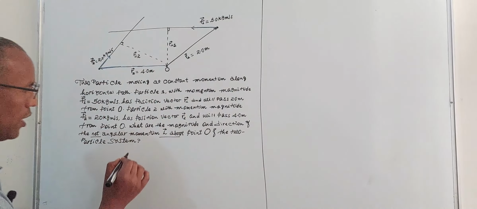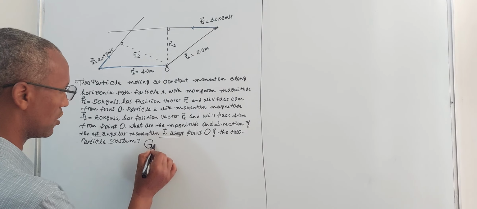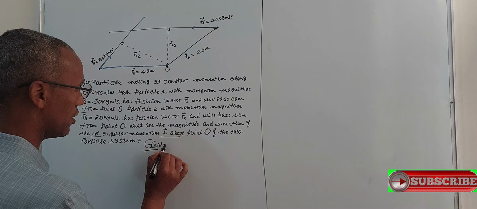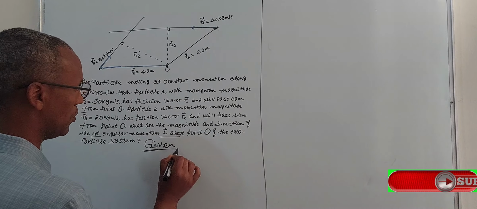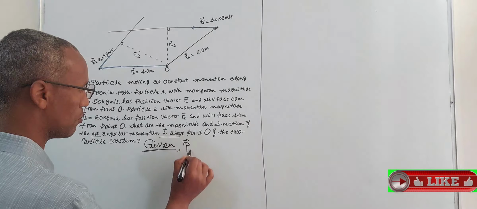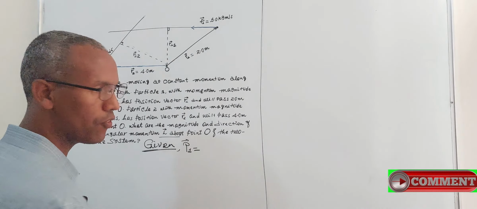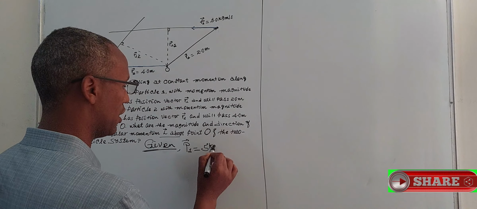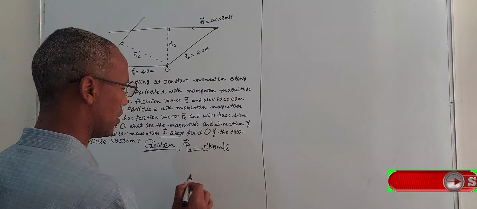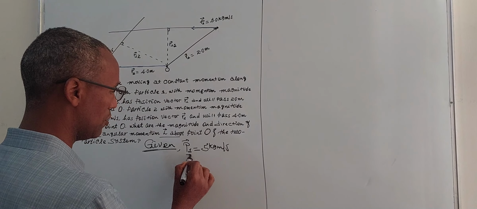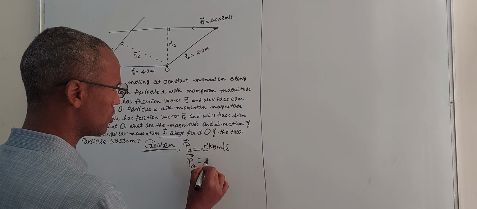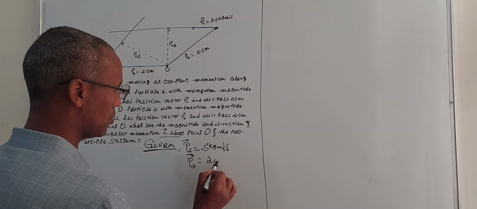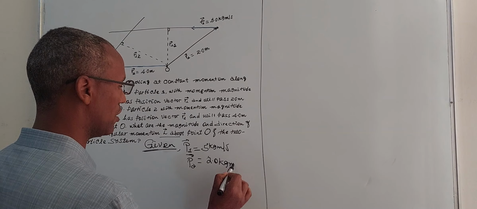So let's take the given terms. We have P1, the momentum of particle one, which is 5 kilogram meter per second, and P2 is equal to 2 kilogram meter per second.